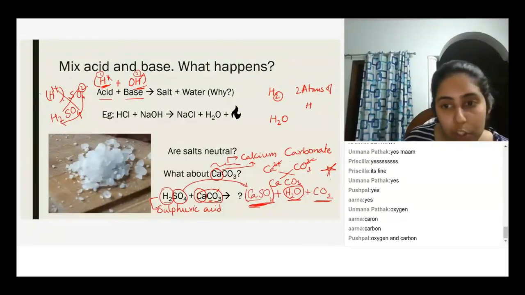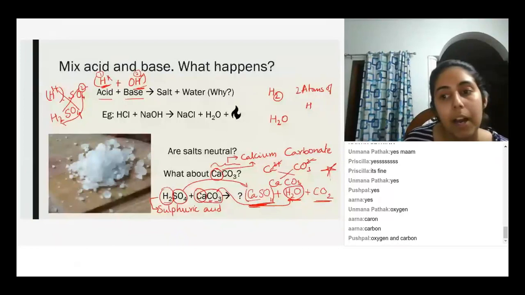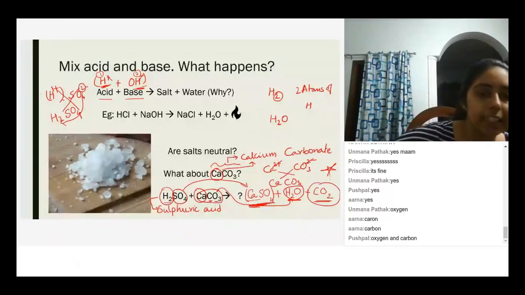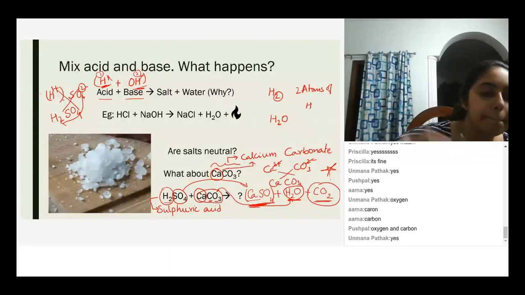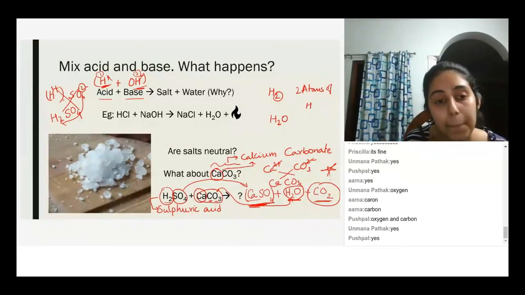One oxygen was used up in this H2O. The other 2 oxygens and this carbon combine to form carbon dioxide. Is that clear to everybody? Yuvraj, is it clear? Ma'am, okay.